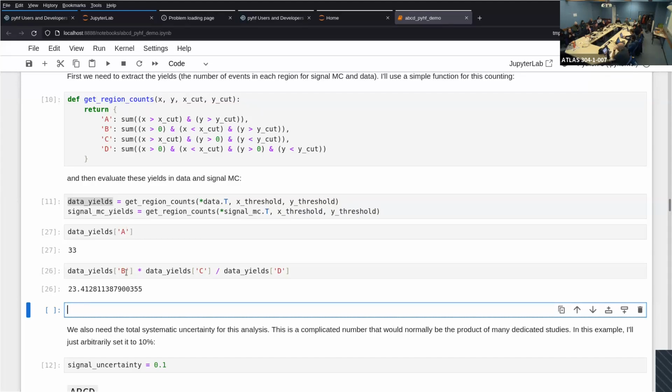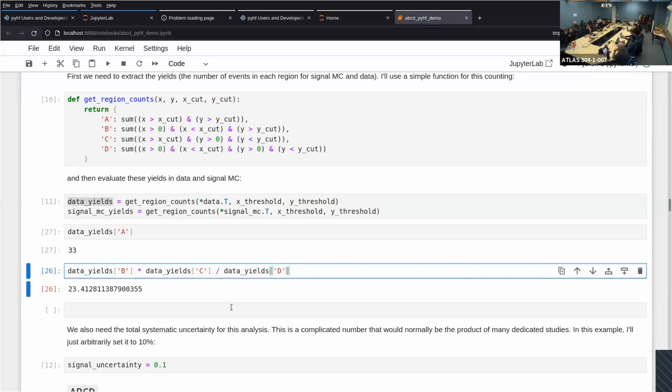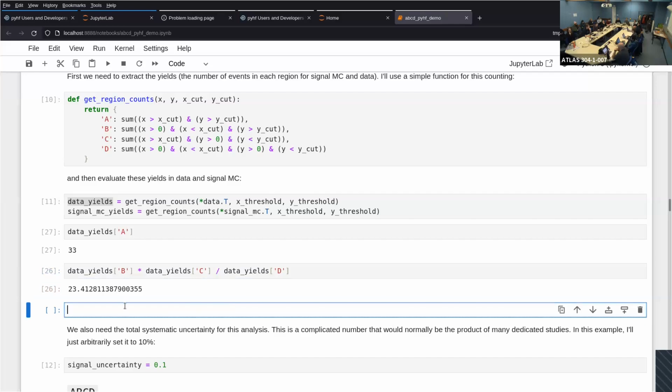Basically, it would be wrong because you're not taking into account the fact that there could be signal events in these other regions. You would set upper limits that are not technically correct.